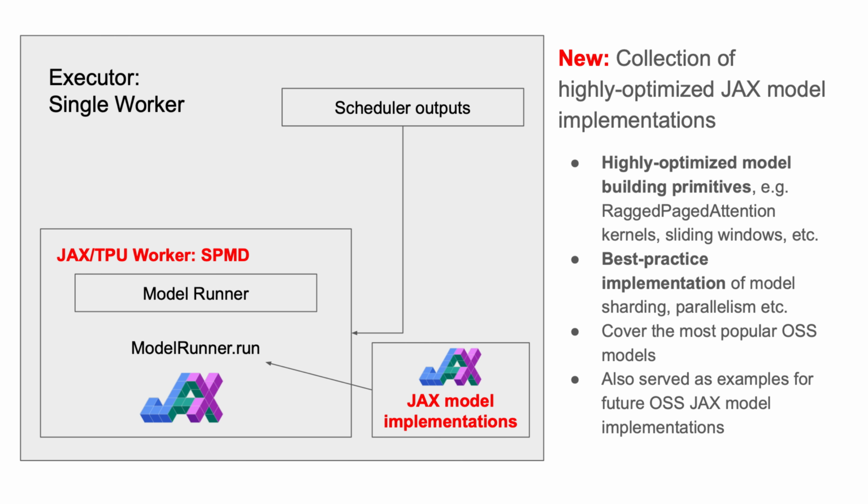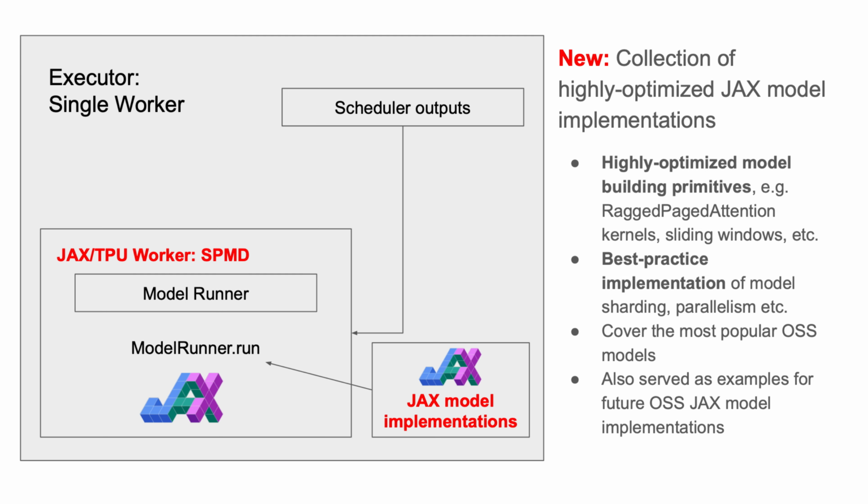The way that we do that is by leveraging the JAX SPMD design, where we only have one single worker and single model runner, which manage the execution on multi-node, and this is how it works.